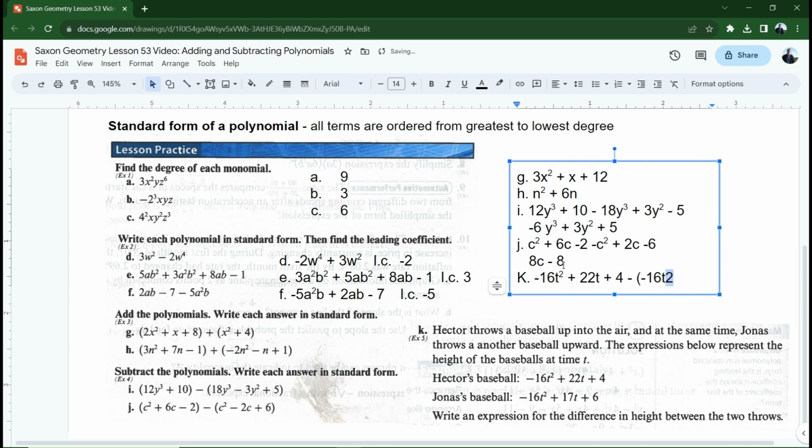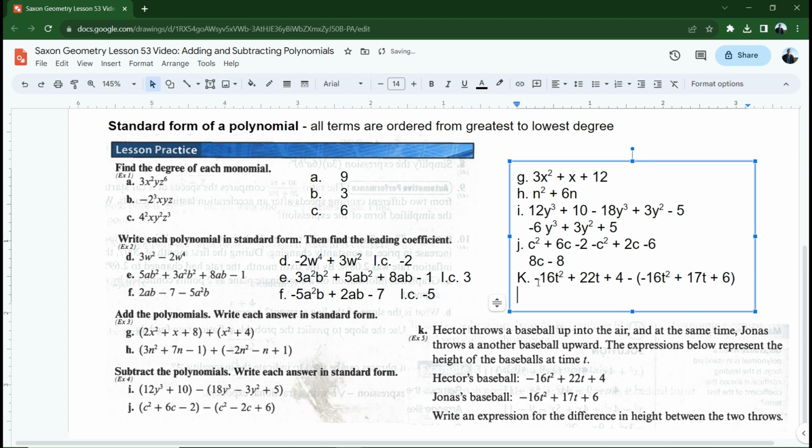So I'm just subtracting the second expression from the first. Minus negative 16t squared plus 17t plus 6.